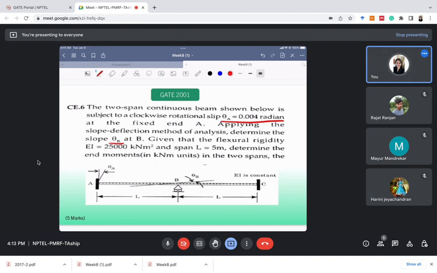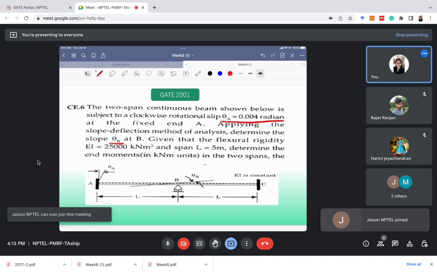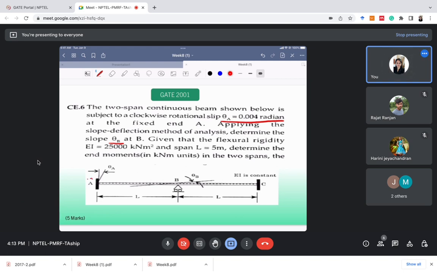So this is a two span beam with no external loading. It is given that the support A slips by 0.004 radian.